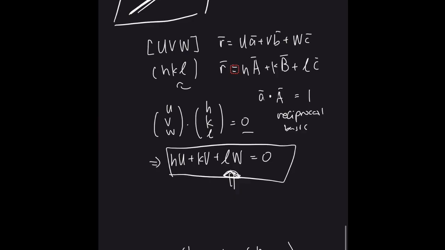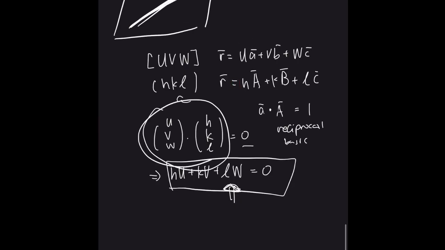So you can see doing this dot product is the same as doing a dot product of these two vectors.